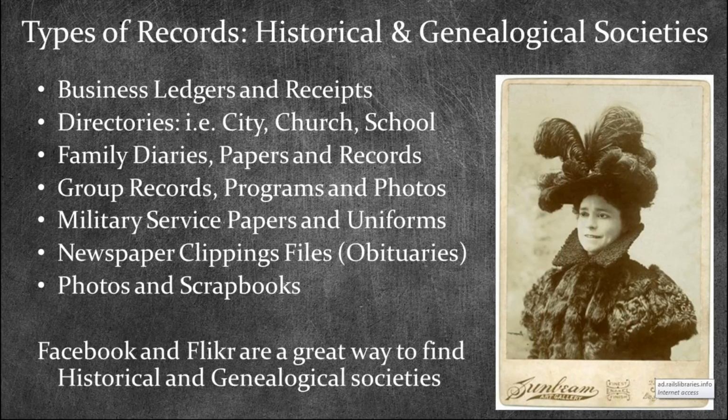Well, there might not be. But John Smith could be mentioned in the family diary of the Jones family because they lived next door. They're not reading these diaries and writing down the names page for page. So sometimes you need to just be generic in your request and say, do you have diaries? Do you have church directories? Do you have school photos? And start doing that digging from there.